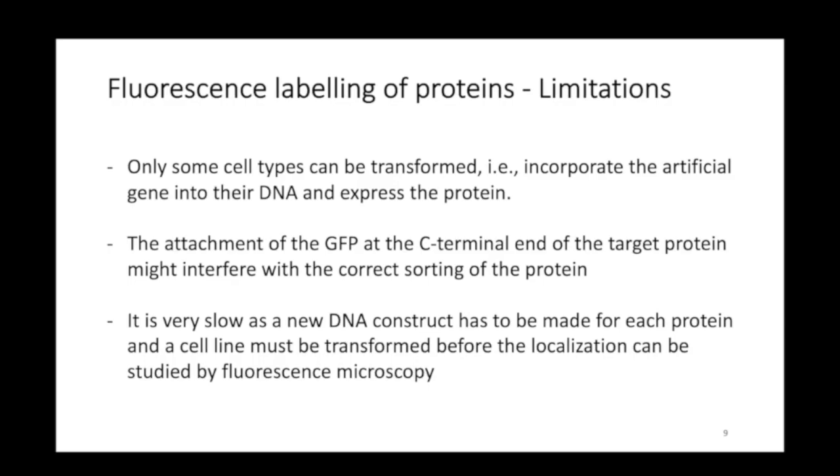And what's even worse is that it's very slow, as a new DNA construct has to be made for each protein, and a cell line must be transformed before the localization can be studied by fluorescence microscopy. All of that has to be done for each protein separately.